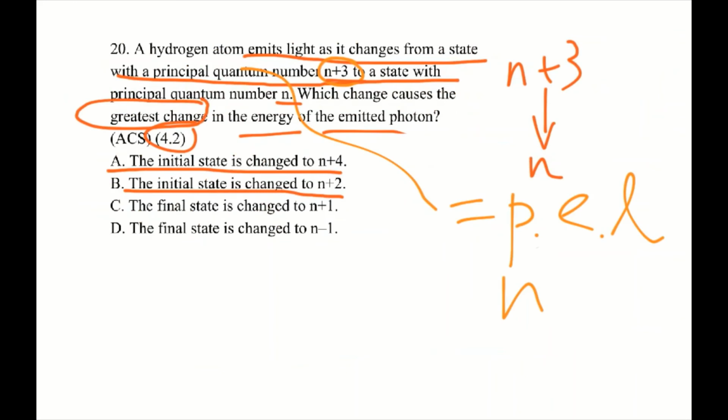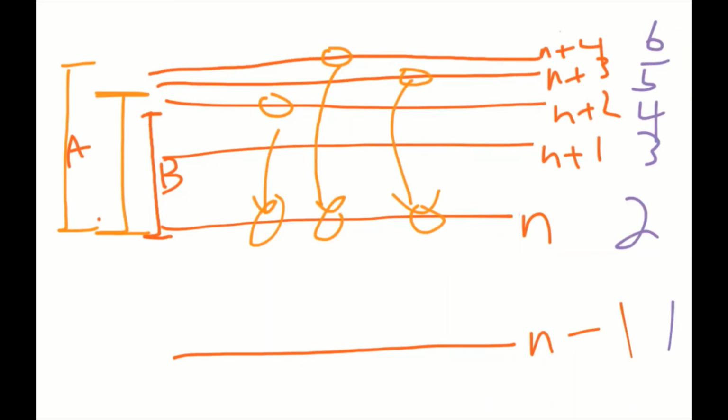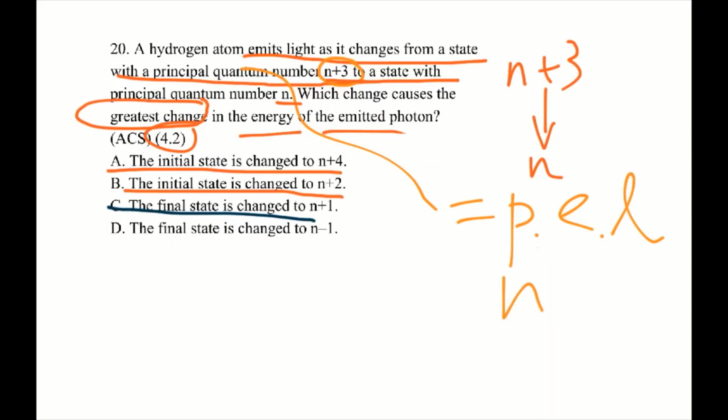So now let's look at C. The final state is changed to n plus 1. So if the final state is changed to n plus 1, then the electron will go from n plus 3 to n plus 1. And the energy change associated with that will be about this much. So it's in black, and that energy is the amount of energy in the photon. So this would be C. And D says the final state is changed to n minus 1.